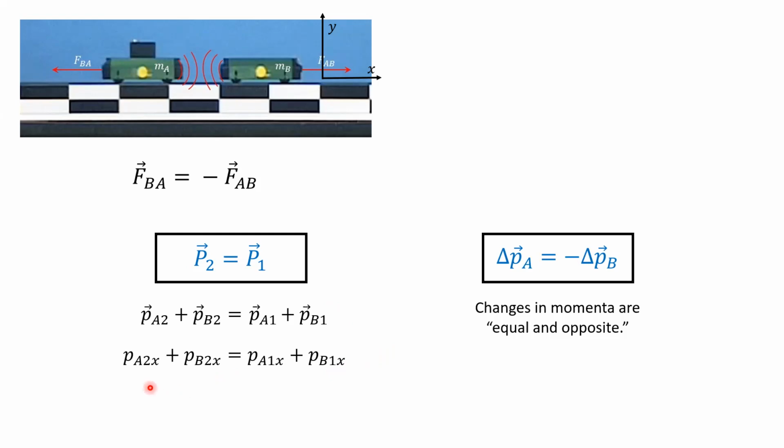So it's really getting onerous with the subscripts here. PA2x, this is the momentum of cart A after the collision in the x direction. Now in our spreadsheet, we're not going to worry about the subscript x because it's understood that it's a one-dimensional collision that takes place along the x-axis. And now I think it's time to actually look at how this is done in Tracker.